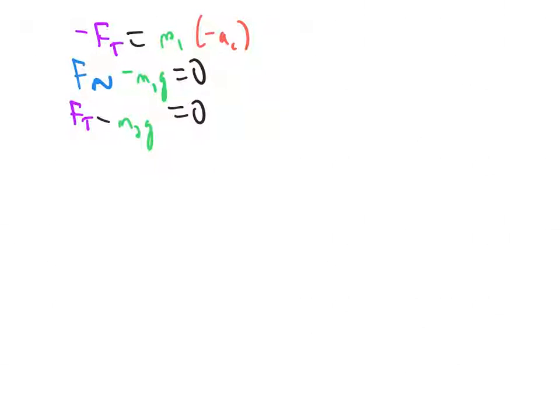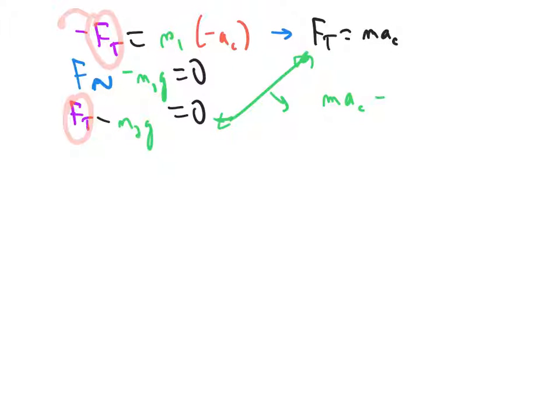And now we can use that this Ft is that Ft. Along the way, I think we'll start with the additional statement here, just quickly, that Ft has to equal m1 AC. So putting this one and this one together, we have m1 AC minus m2g equals 0.